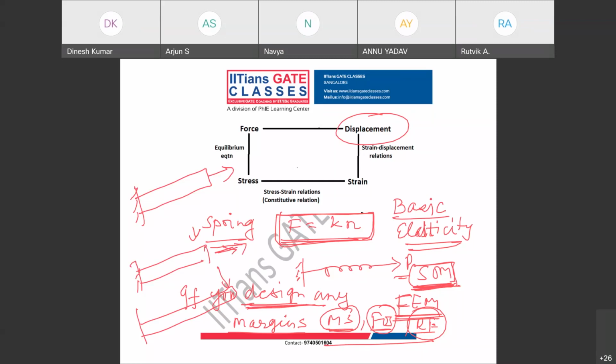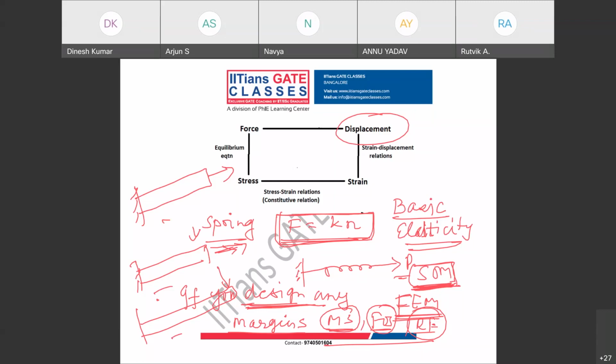But if your structure is very complicated and we cannot idealize it as these simple structures, then you have to use other approaches, not simply strength of material always.